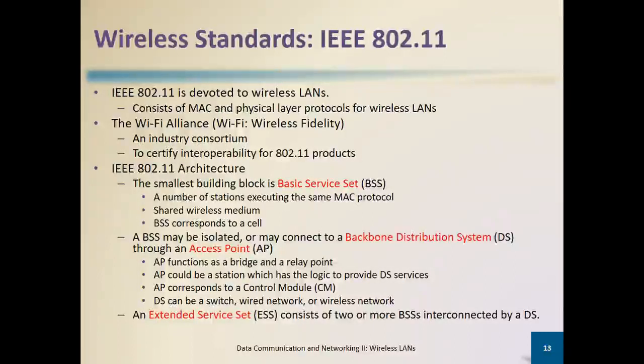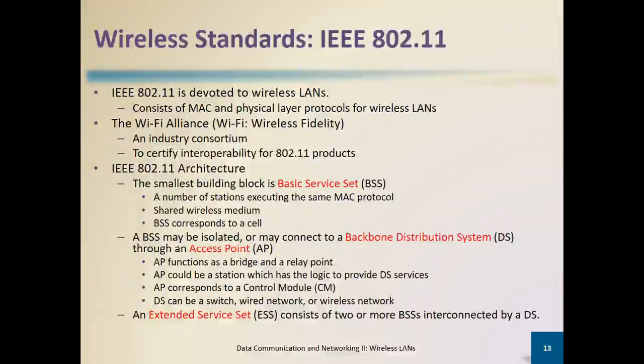It's called the basic service set, which has a number of stations executing the same MAC protocol. They share the wireless medium, and most basic service sets correspond to a given cell.